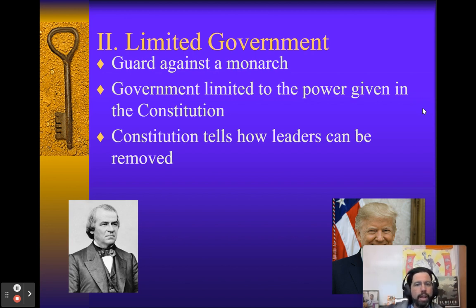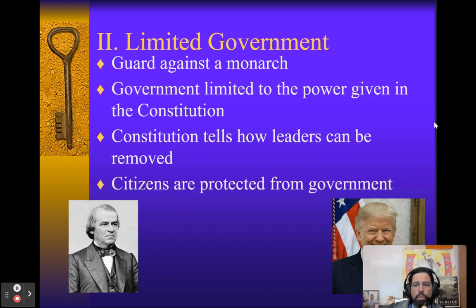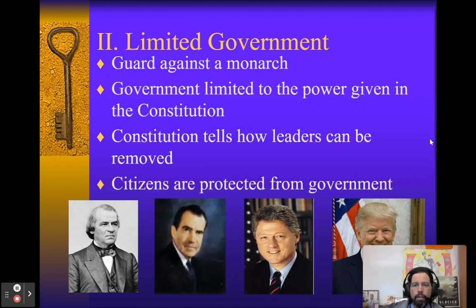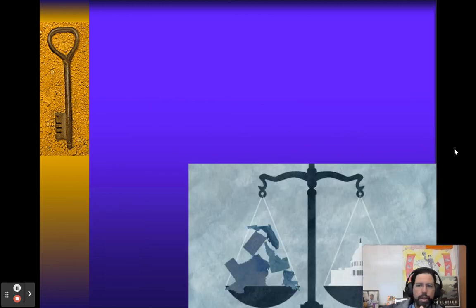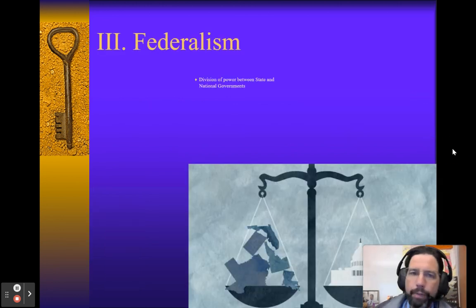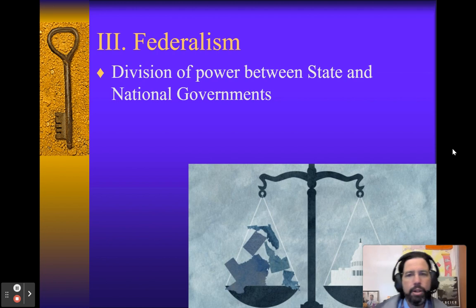More importantly, the Constitution actually tells how leaders can be removed and that the citizens are protected against arbitrary government punishment. Of course, we've had attempted removals of four presidents: Andrew Johnson, Richard Nixon, Bill Clinton, and Donald Trump through the processes of impeachment.